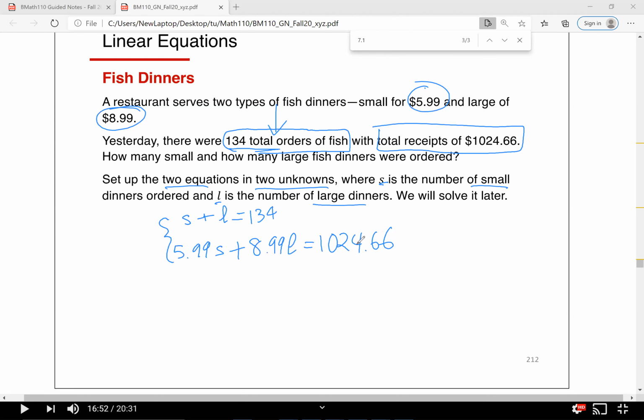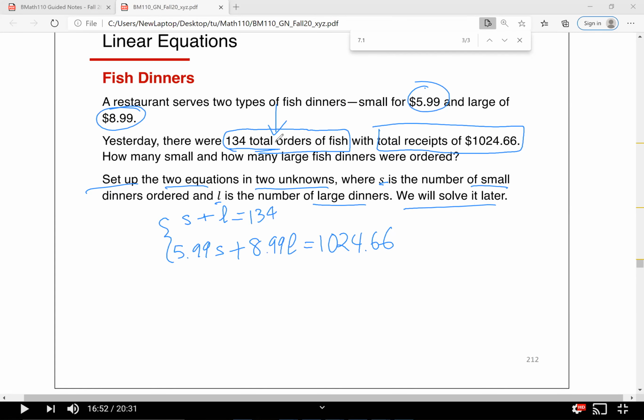So this easily gives you a system of two linear equations. Then you need to solve it. So how to solve it? Wait a second. They say set up only, and we solve it later.